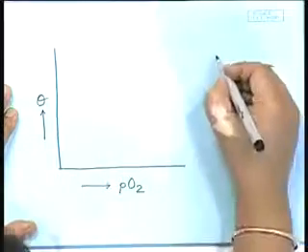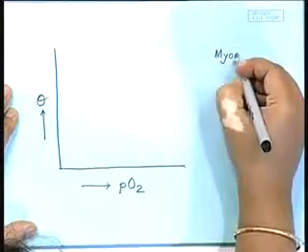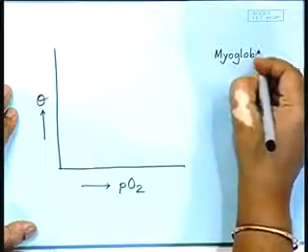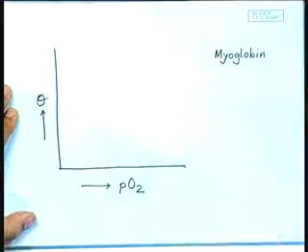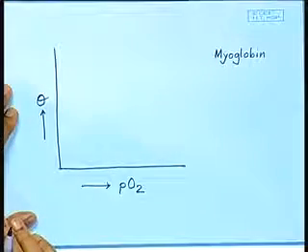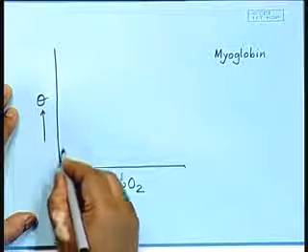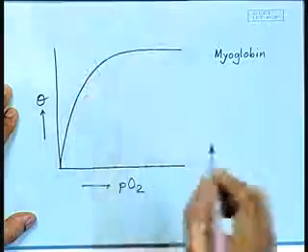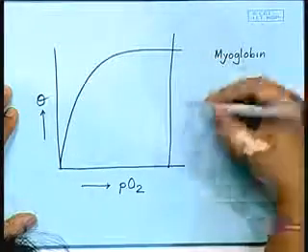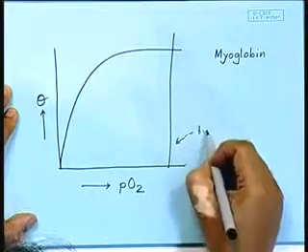What we're saying is we're looking at the curve for myoglobin now. Myoglobin behaves in a hyperbolic fashion. So this is the situation in lungs.